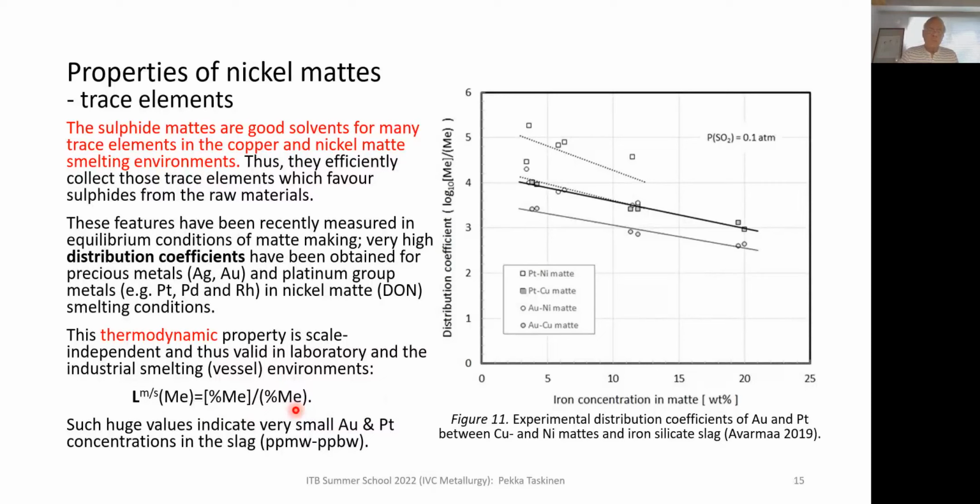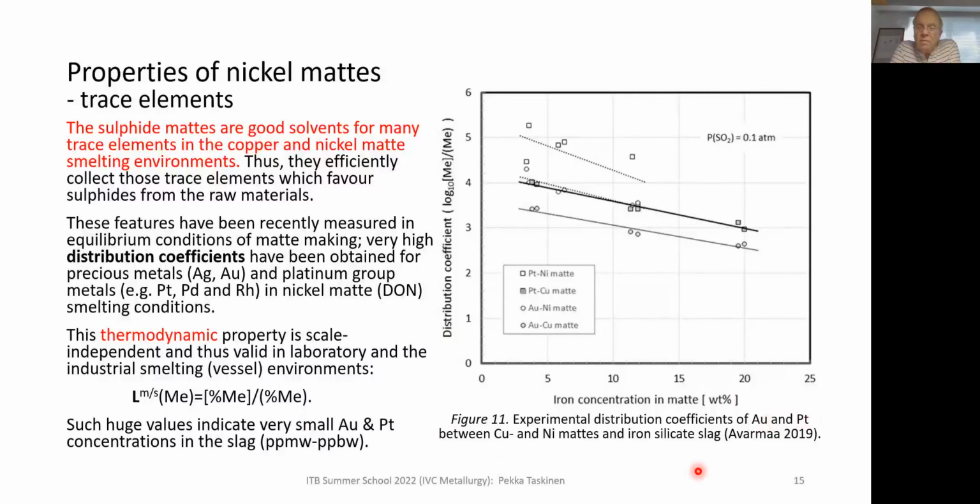So we can utilize these measured experimental distribution coefficients in estimating where our precious metals or platinum group metals go during the smelting, and then conclude what is the next step in our process development, what should be done in the processing side.